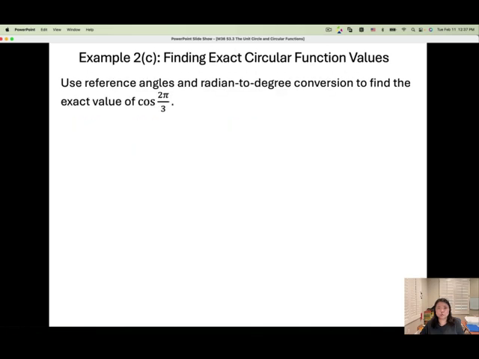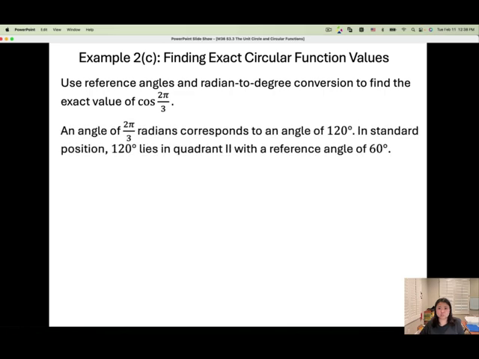Okay, C. Use reference angle and radian to degree conversion to find the exact value of cosine 2 pi over 3. So first, we're going to convert the radian to degree. 2 pi over 3, convert to degrees, so you're going to times 180 over pi. You should get 120.